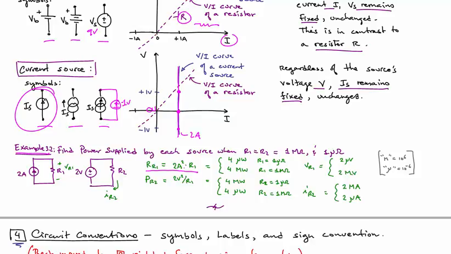It's 2 amps, so it's 2 squared, or 4. And then it'll be 4 times whatever R1 is. Well, if R1 is 1 microohm, then this source will only have to deliver 4 microwatts. But if R1 is 1 megohm, then this 2 amp source will have to deliver 4 megawatts.